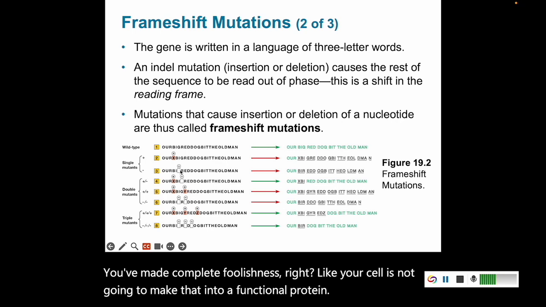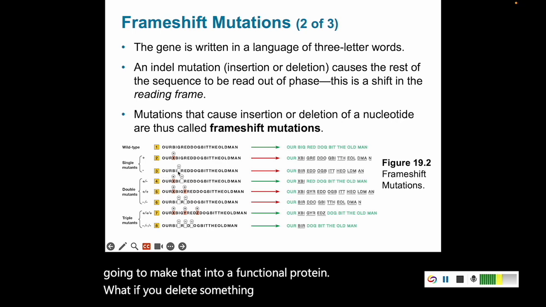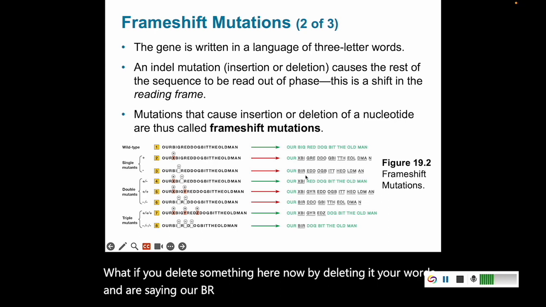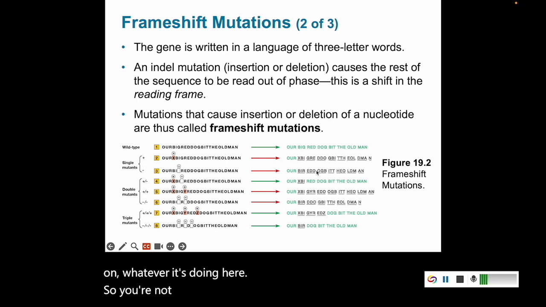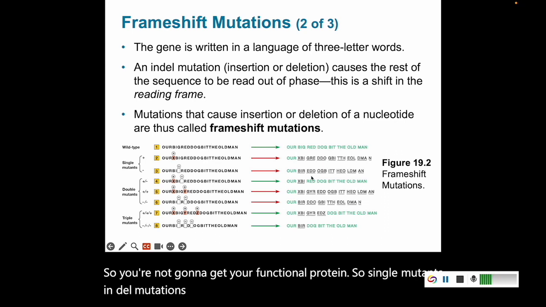What if you delete something here? Now, by deleting it, your words are saying our, ed, agb. Again, complete foolishness, so you're not going to get your functional protein. So indel mutations, insertions or deletions, create mutant proteins. These are called frameshift mutations.